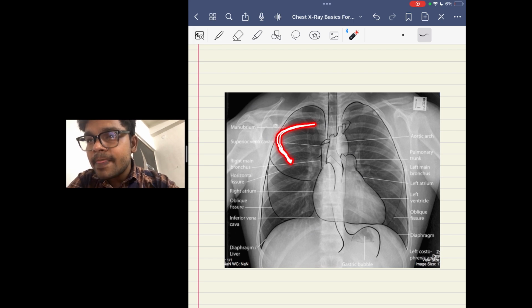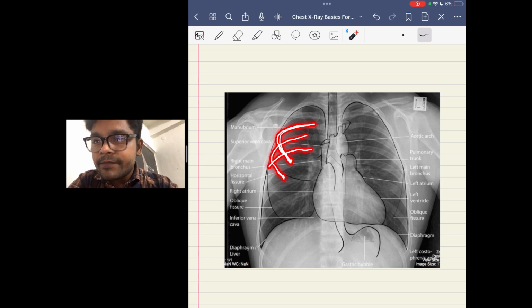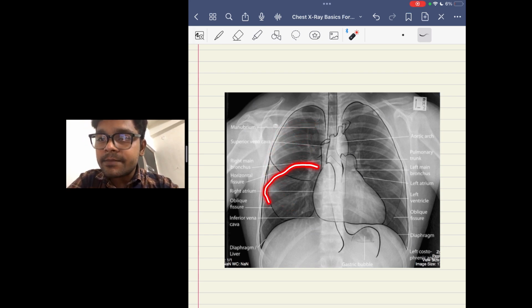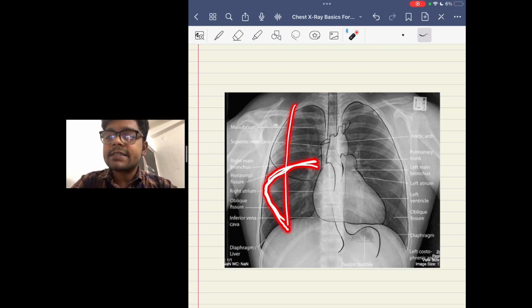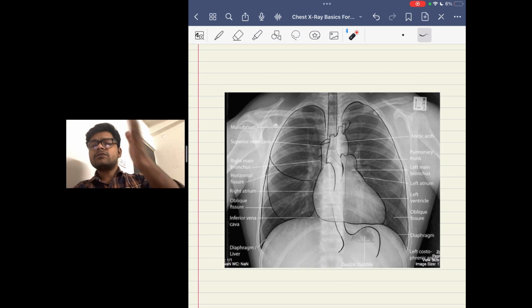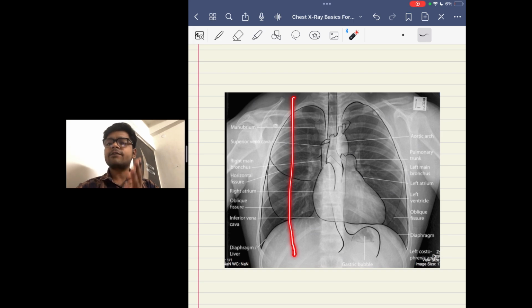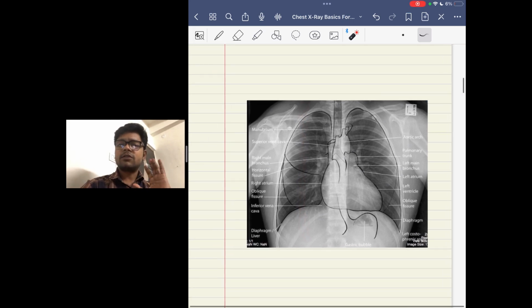This is the third rib. This is the fourth rib, fifth. This is the anterior portion, and you see this is the sixth rib. And it is intersecting in the mid-clavicular line. So approximately 5 to 7 ribs, anterior portion of the ribs intersecting in the mid-clavicular line is normal, right?